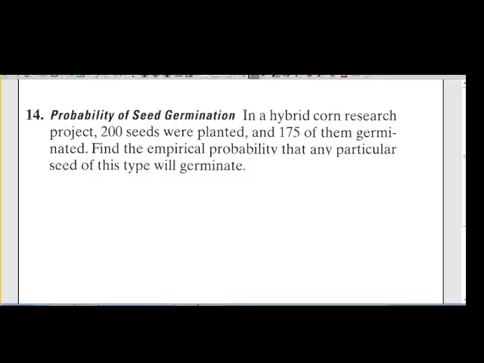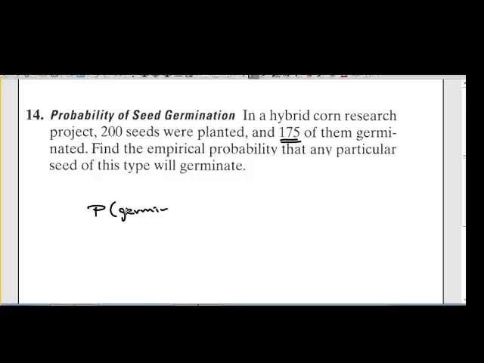So to answer the question here, to calculate the empirical probability, all we have to do is, again, take the ratio of the favorable events to the total events. So we just have to read this and figure out what's the favorable event. What is the favorable event? Tucker, what's the favorable event in this problem? Yeah.